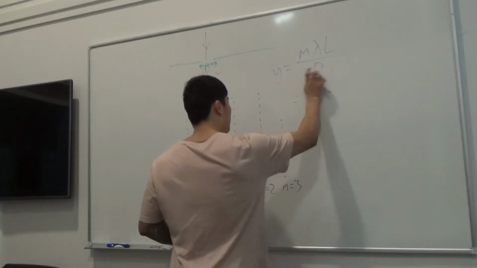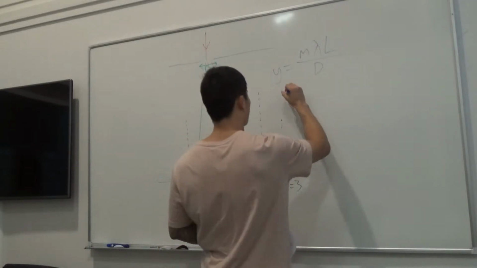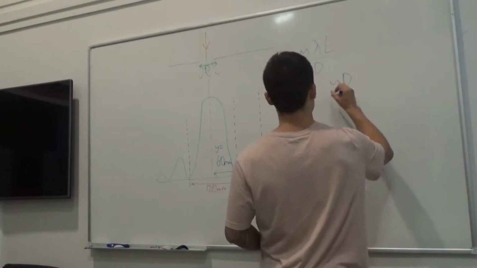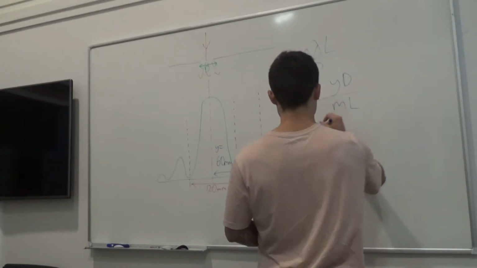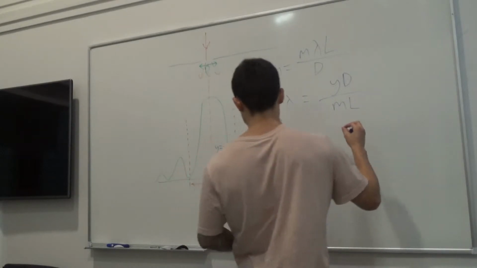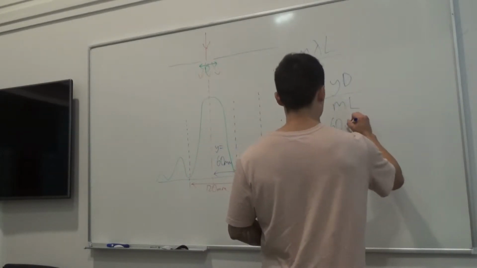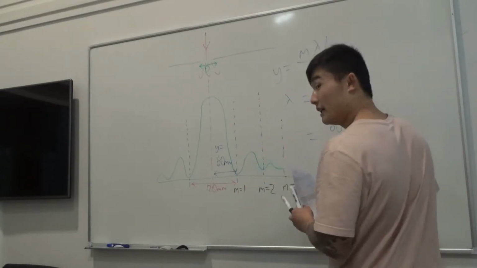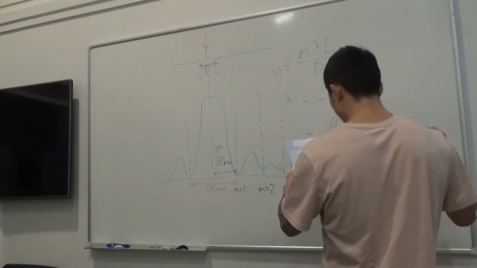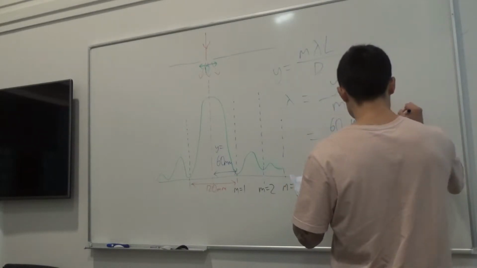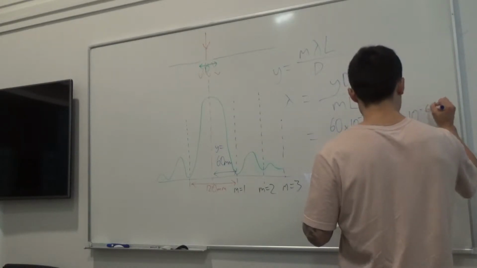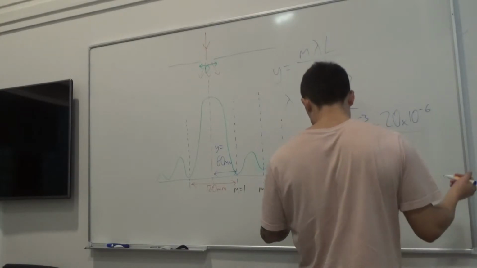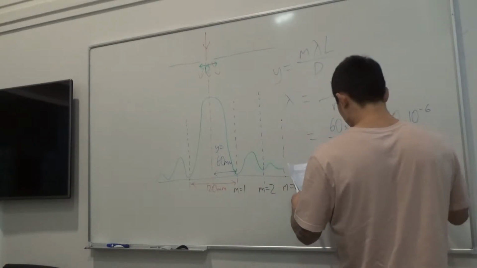Sorry, we need to rearrange this first for wavelength, which is what we want. So wavelength is equal to y times d over m times L. y is going to be 60 times 10 to the negative 3 meters, so that has to be meters. The slit width is 20 micrometers, so 20 times 10 to the negative 6, over m, which is 1, times the length from the screen, which is 2 meters.